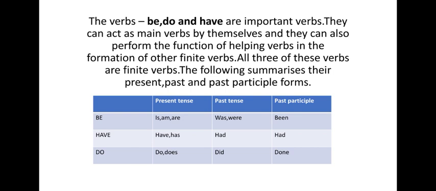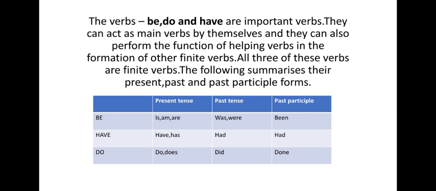Suppose the subject is singular, then we have to use a singular verb. Yes or no? Remember. Those verbs are called finite verbs. So all these three verbs are finite verbs. The following summarizes their present, past, and past participle forms.